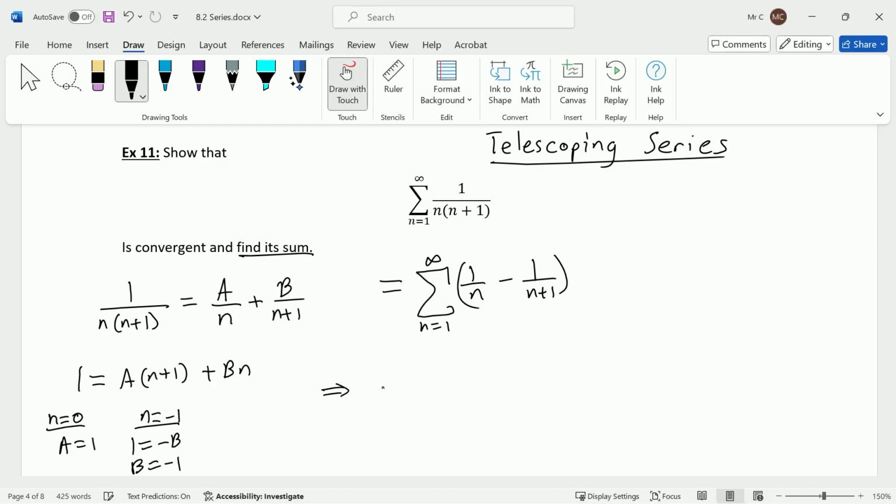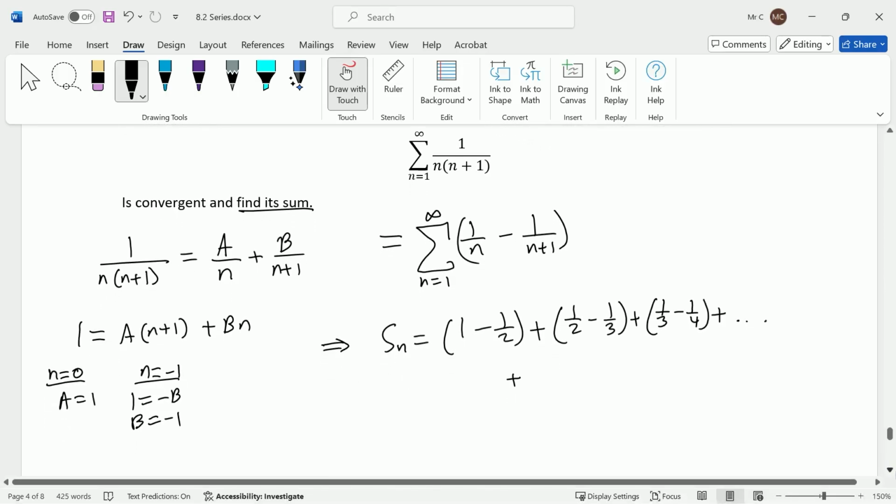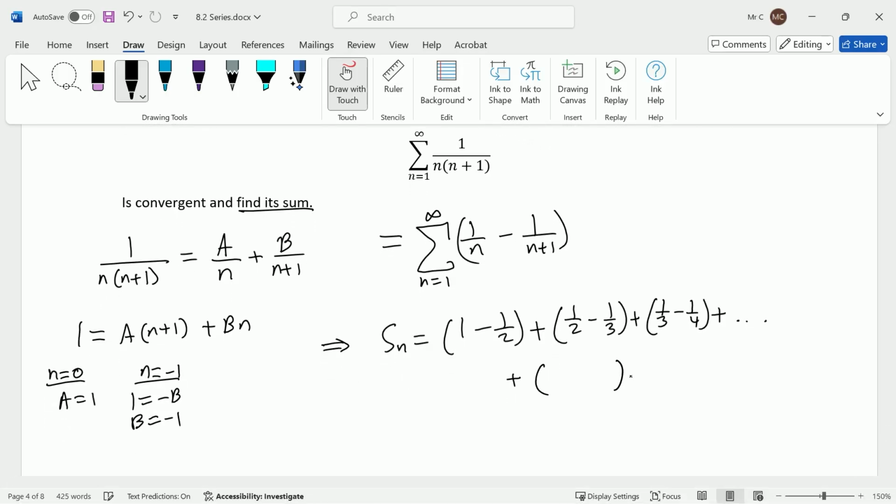And this is going to let me write out the partial sums. So when n is 1, I get 1 over 1 minus 1 over 2, plus, when n is 2, 1/2 minus 1/3, plus 1/3 minus 1/4, plus dot, dot, dot. Since I'm running out of room, I'll do a second row here. Generally with these problems, however many terms you used at the beginning, you should write that many terms out at the end. Again, there's infinitely many terms, so you can't write them all.